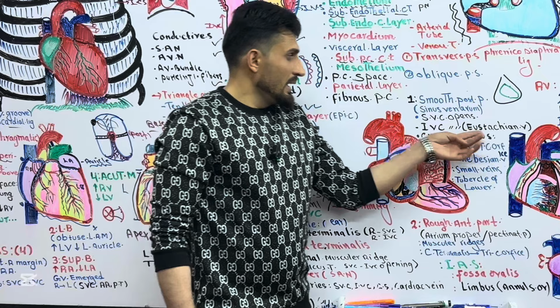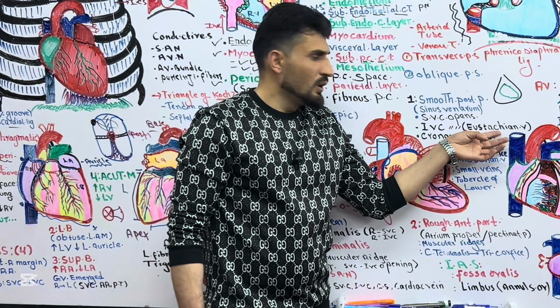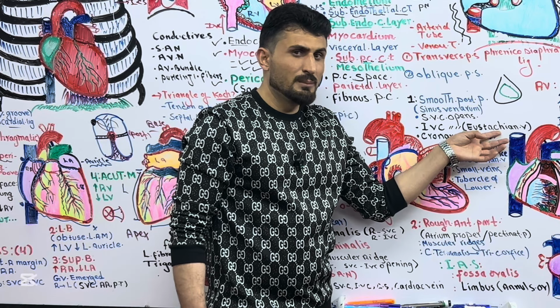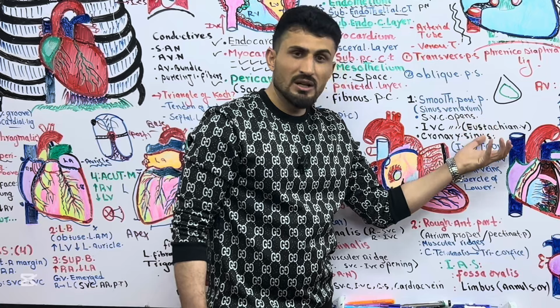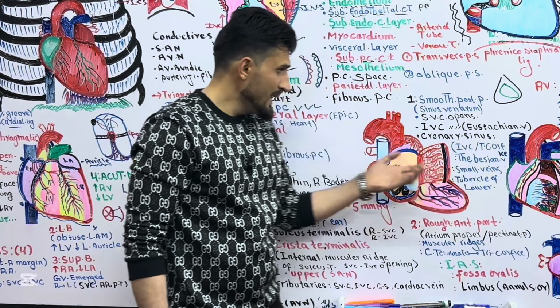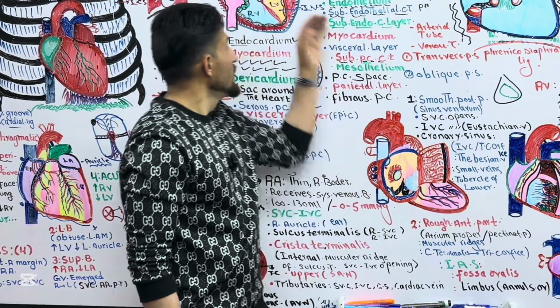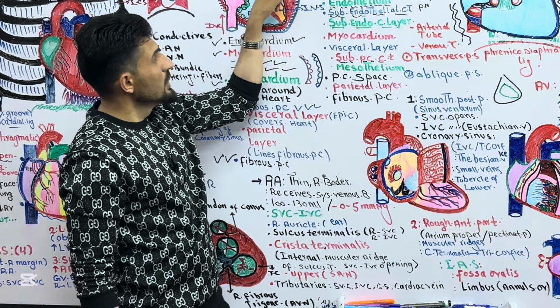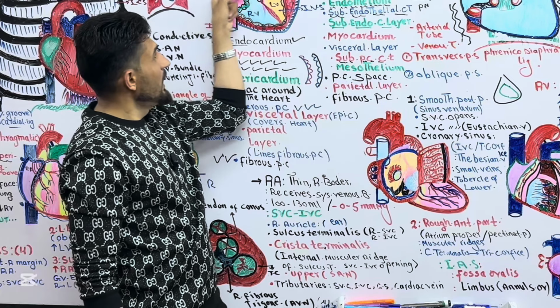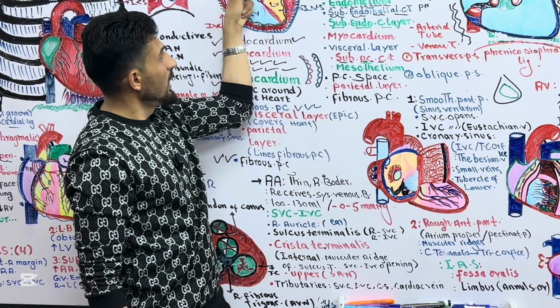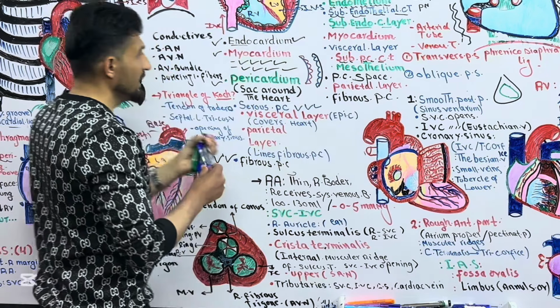Now, in adults, there is no function of the Eustachian valve, but during embryological life, it leads the blood of the right atrium directly to the left atrium by the help of the foramen ovale.